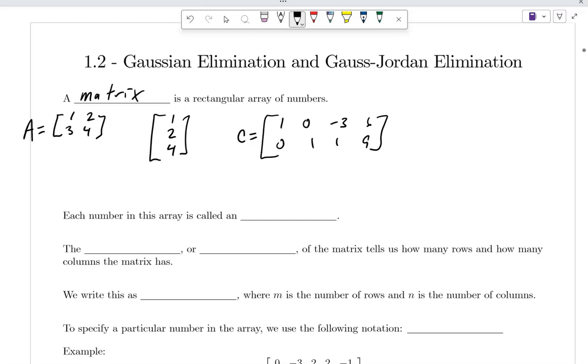Now, the one exception to using a capital letter to denote a matrix would be if you have one column of things, or maybe one row of things. If you've dealt with vectors before, this should look like a vector, right? A lot of times when you deal with vectors, you use a boldface small letter, and we still do that in linear algebra as well.